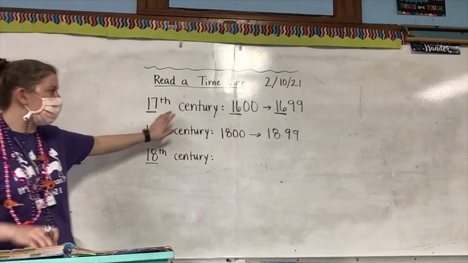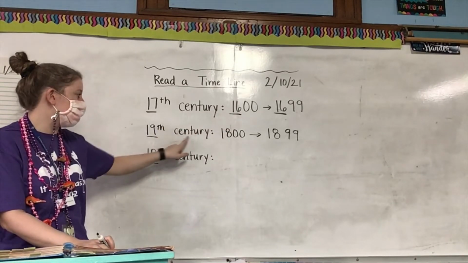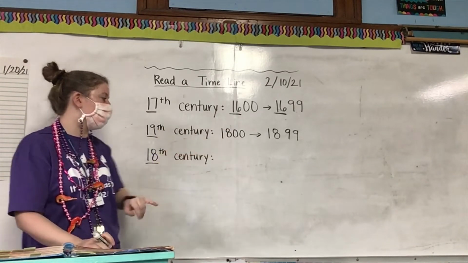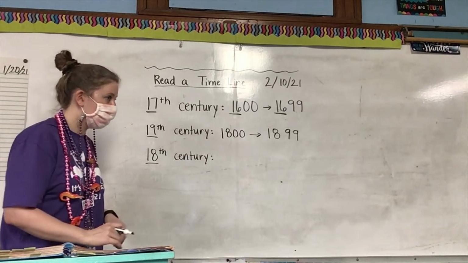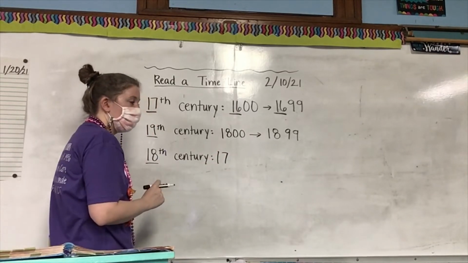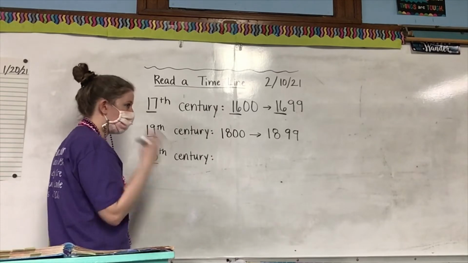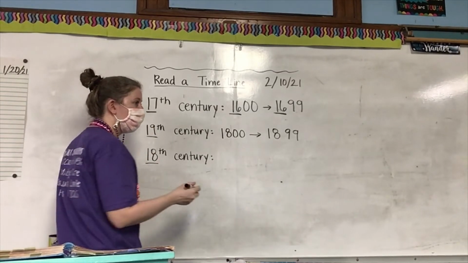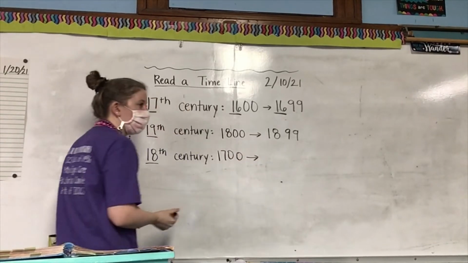If the 17th century started in 1600, the 19th century started in 1800, then the 18th century started in the year 17? 1700, and ended in the year.